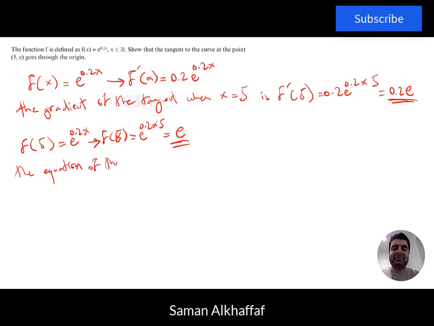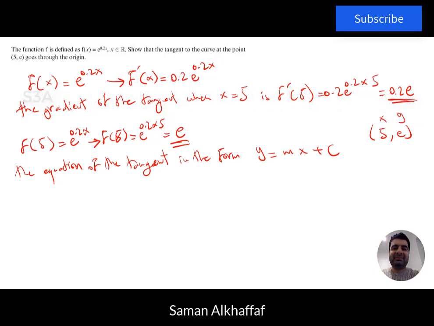The equation of the tangent in the form y equal mx plus c is the equation of the line. We know the coordinates 5 and e, where 5 represents the x and e represents the y.